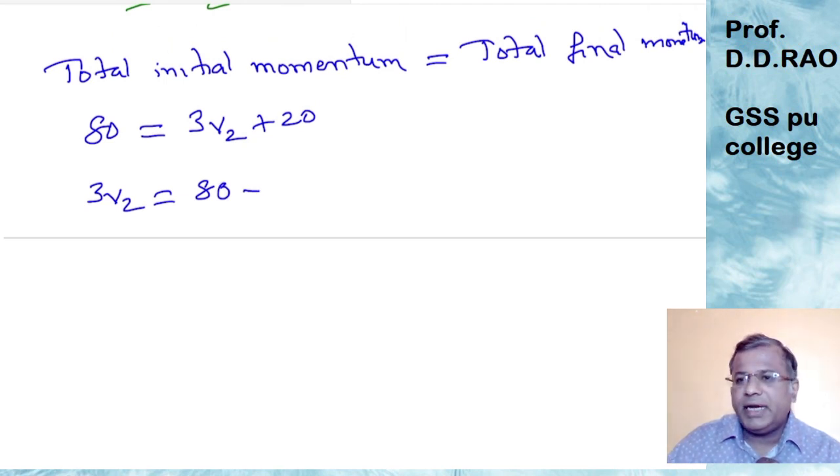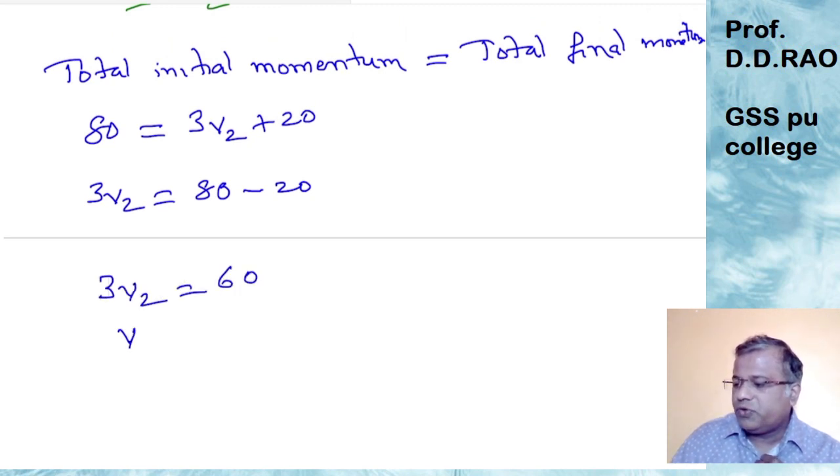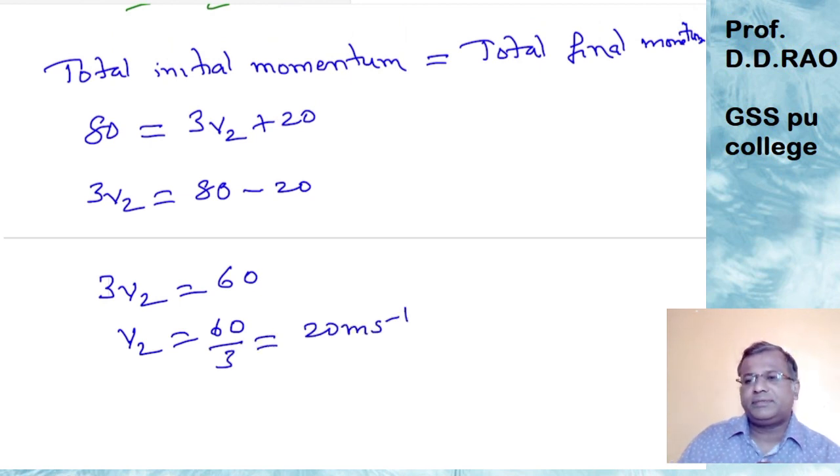So 3 v2 is 60. So v2 is 60 by 3, which is 20 meters per second.